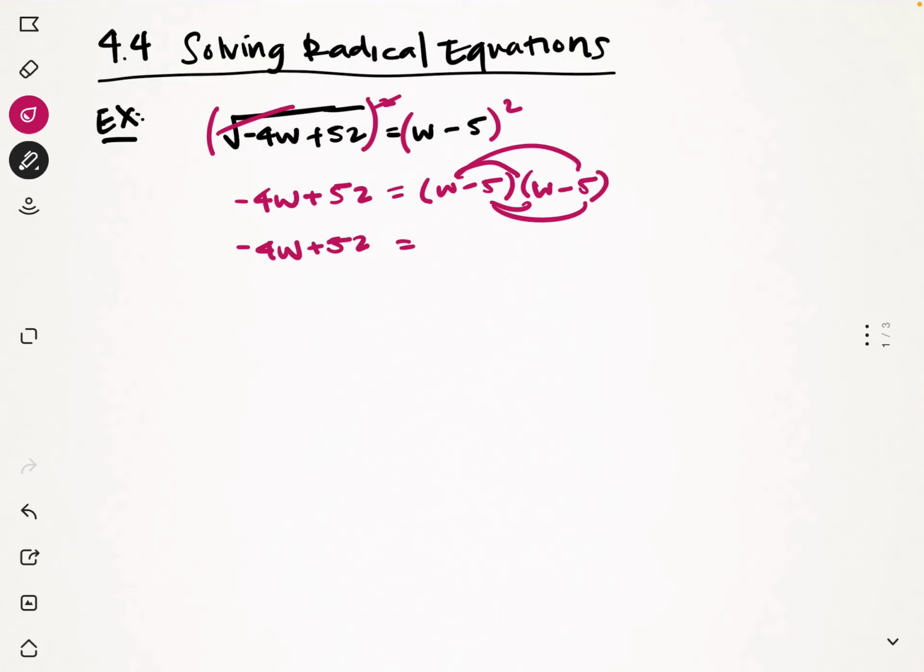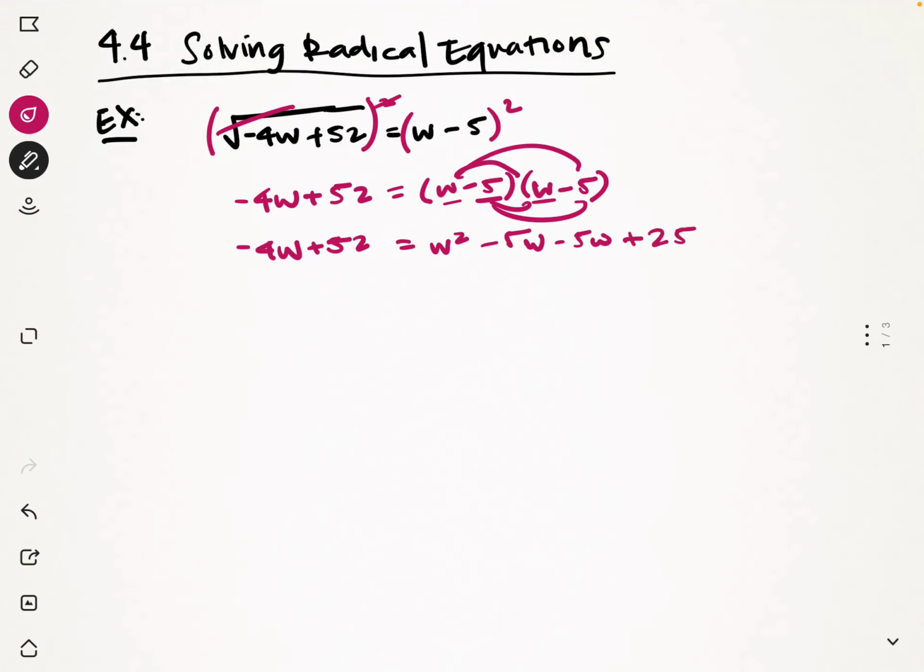So w times w is w squared. W times negative 5 is negative 5w. Then we move on to our negative 5 times w, which is negative 5w again. And then negative 5 times negative 5, which is 25.